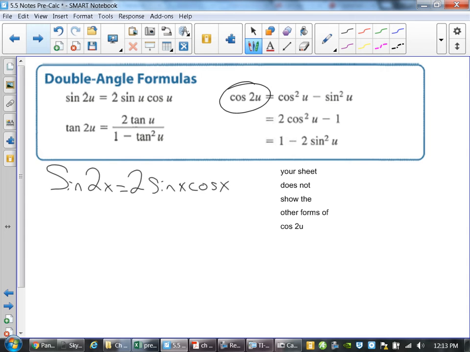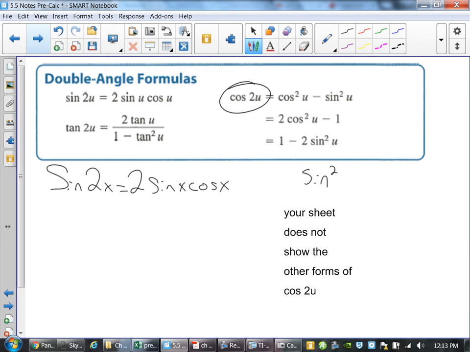That's all they write on this sheet. But remember, using Pythagorean identities, sine squared is 1 minus cosine squared, or cosine squared is 1 minus sine squared. That's how you're able to manipulate between those other 2 forms of that function.